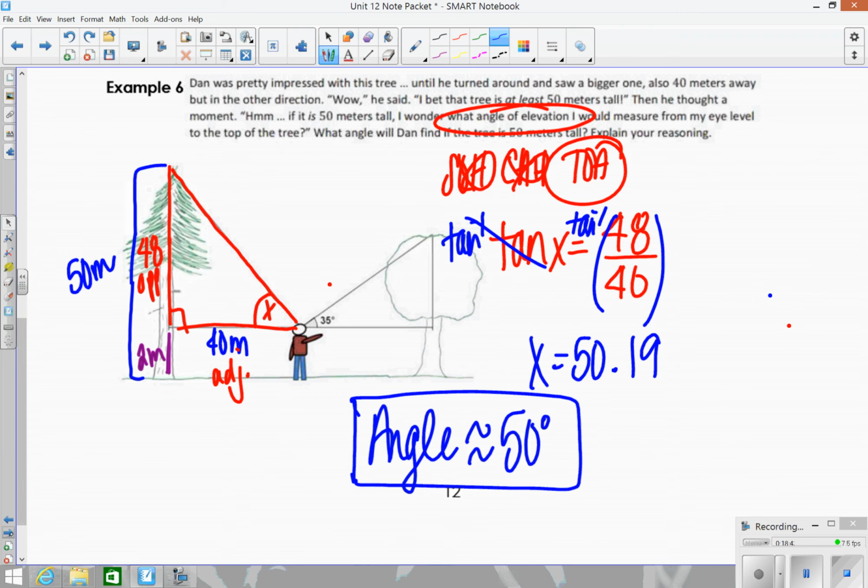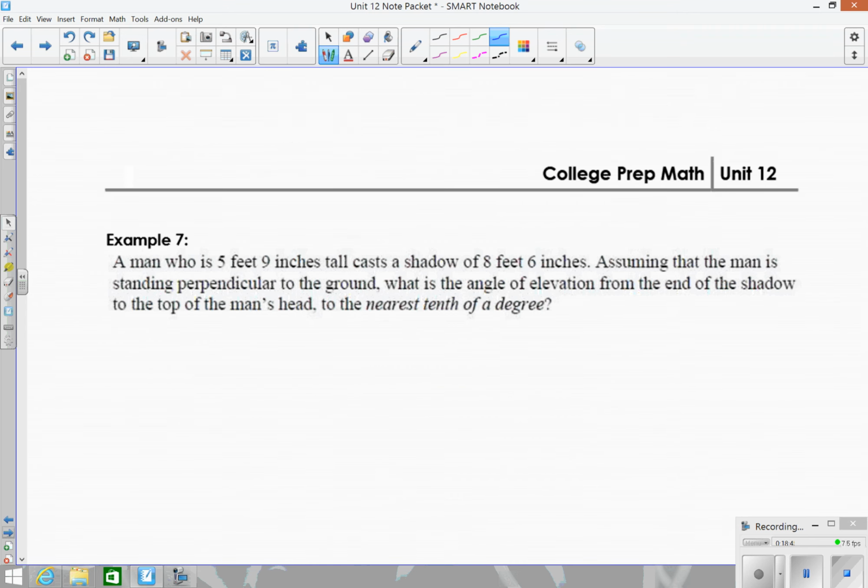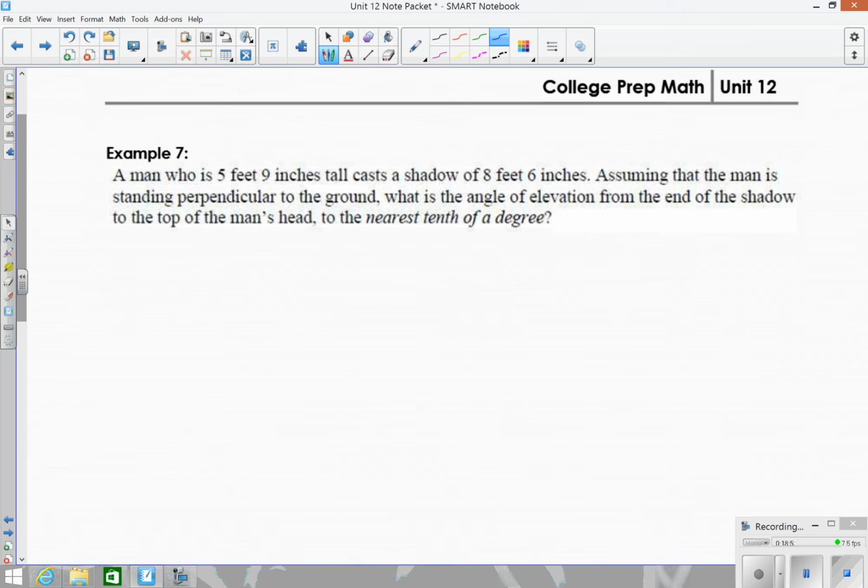So let's just look at one last example with this, and this one's dealing with shadows, but it's also dealing with trying to find the angle of elevation. We have a man who is 5 feet 9 inches tall casting a shadow. So let's go ahead and draw this out. I'm going to start with a stick figure here.